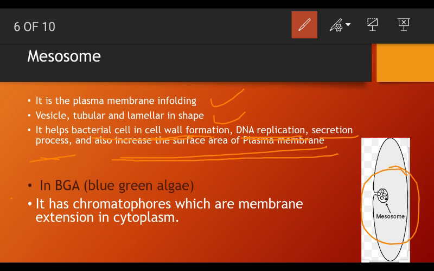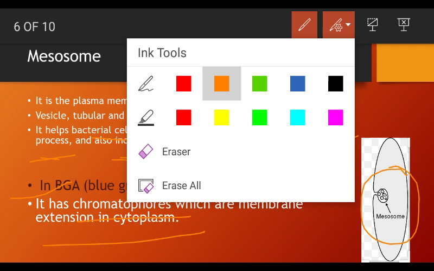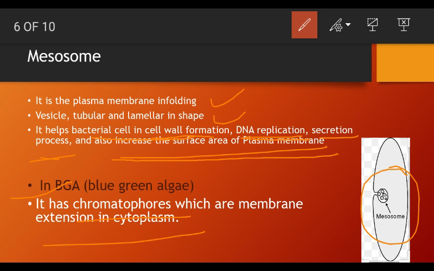But in case of blue green algae, it has chromatophores, which are membrane extensions in the cytoplasm. So instead of mesosomes, they simply have chromatophores, and those chromatophores are responsible for their photosynthesis, right?